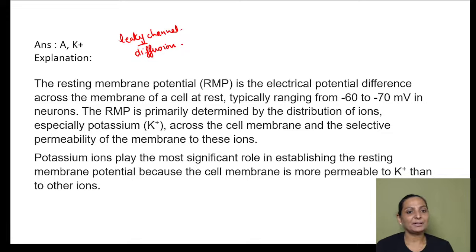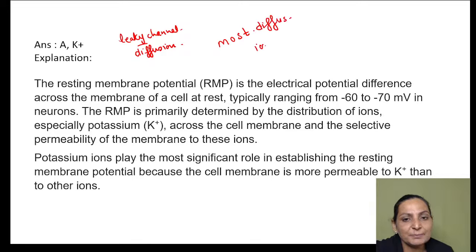So they are not dependent upon any voltage or upon any ligand. These leaky channels are maximally permeable to potassium, right? And therefore potassium becomes the most diffusible ion at rest.